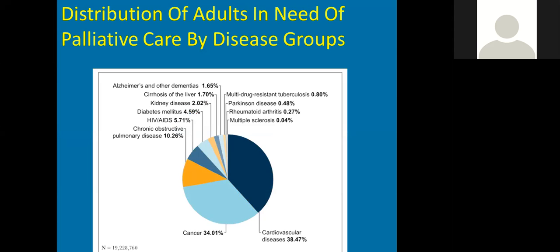Then it is cancer, and there are other sections like chronic obstructive pulmonary disease, diabetes mellitus, kidney, liver, and dementia. We also see many infectious conditions that may slowly require more and more palliative care, as we see in HIV/AIDS and multi-drug resistant tuberculosis. And more and more people are talking about chronic malaria, where you may require palliative care. Next slide.